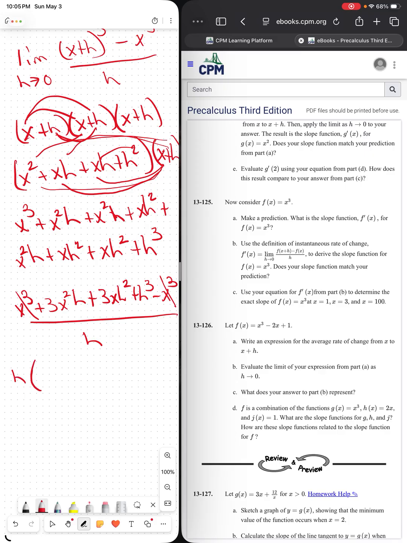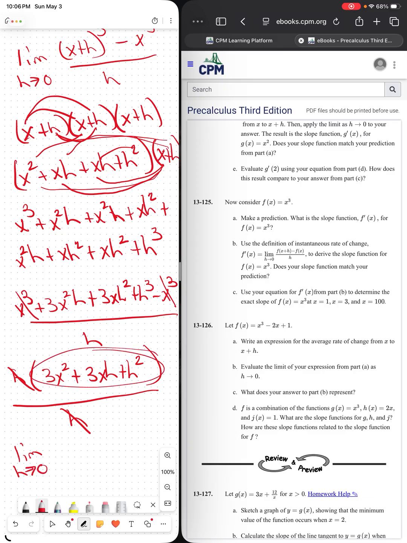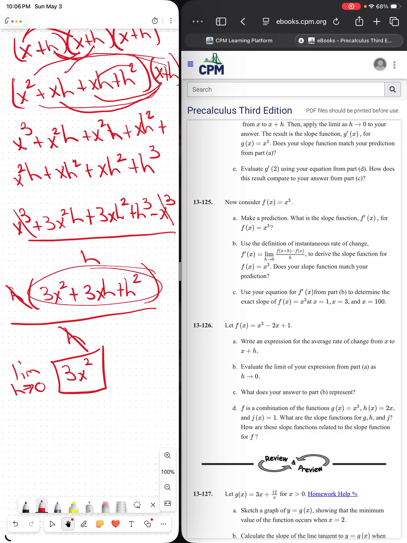Factor out an h. It leaves me 3x squared plus 3xh plus h squared all over h. The h cancels, and the limit as h approaches 0 is going to be 3x squared. That is my slope function.